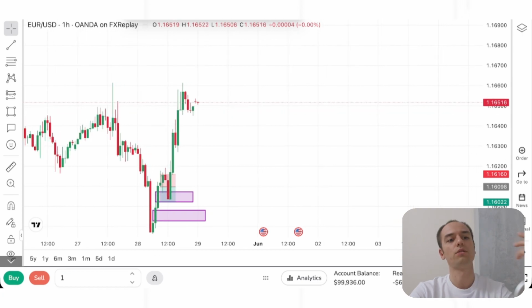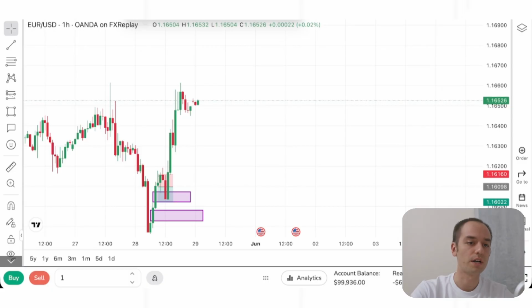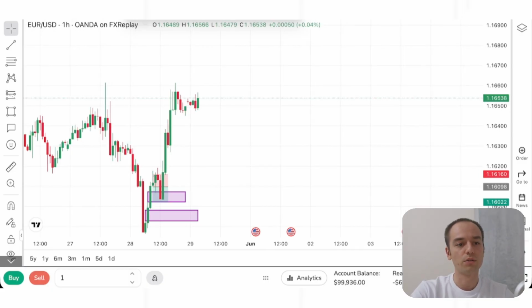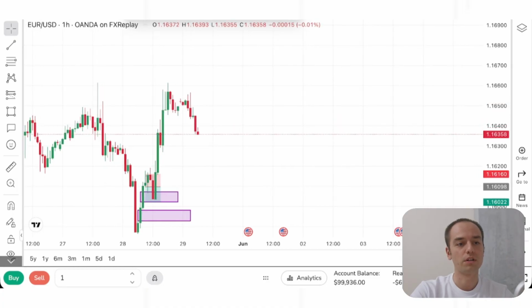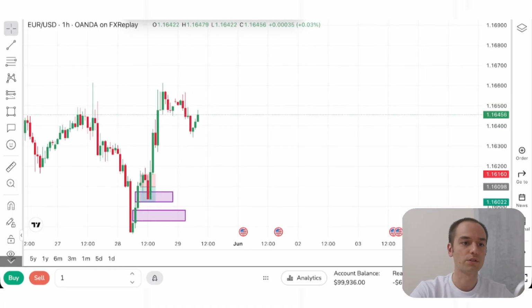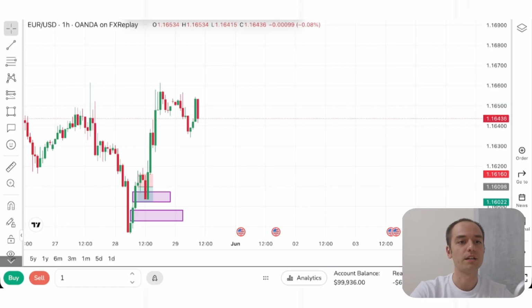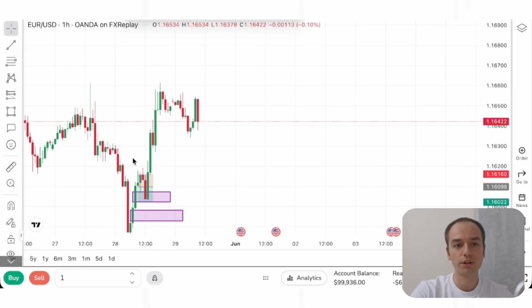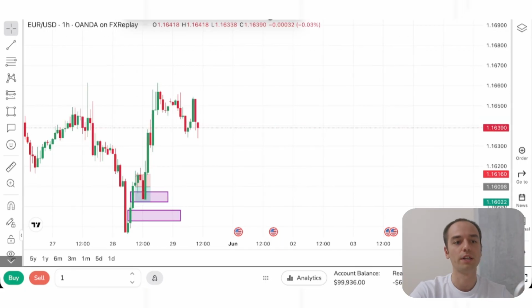So basically all the covers of the imbalance are essentially the price always trying to return to balance the pricing. Any sort of imbalance is going to attract liquidity, because typically where the imbalance happens, this is where your limit orders, profit orders or stop losses are being accumulated.